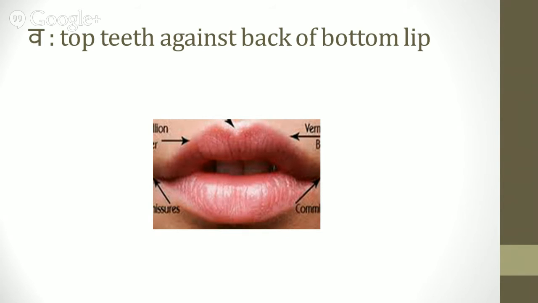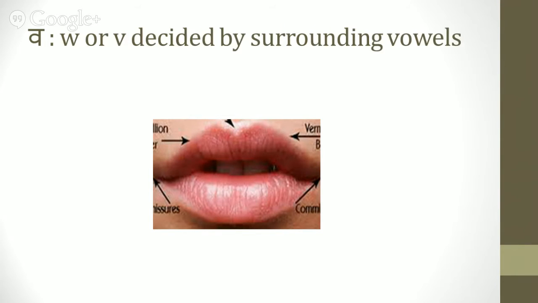If you notice, the top front teeth vibrate a little bit against the back of the bottom lip. And that is what creates the sound. Now, sometimes it sounds more like a V to an English speaker, and sometimes it sounds more like a W. What determines this is the surrounding vowel.